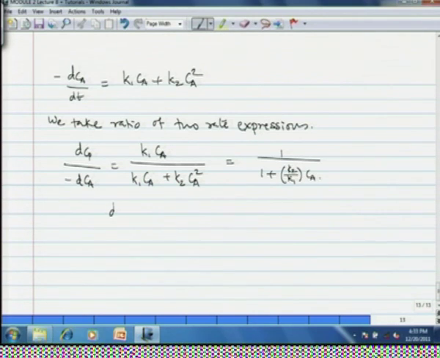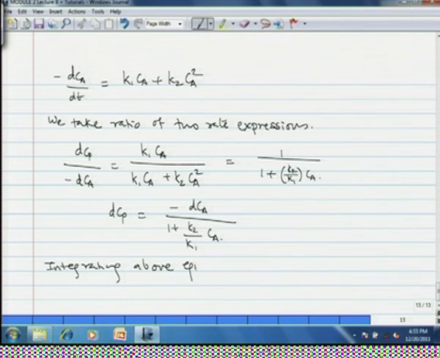Then we separate variables. So, we have an equation to integrate, and we have two initial conditions.